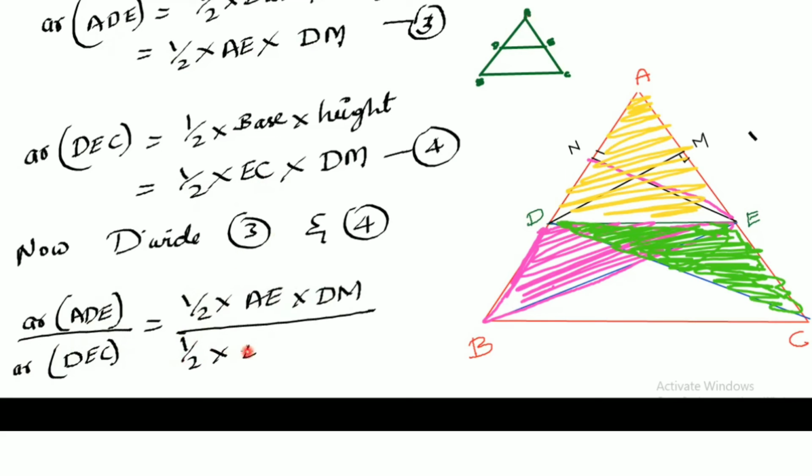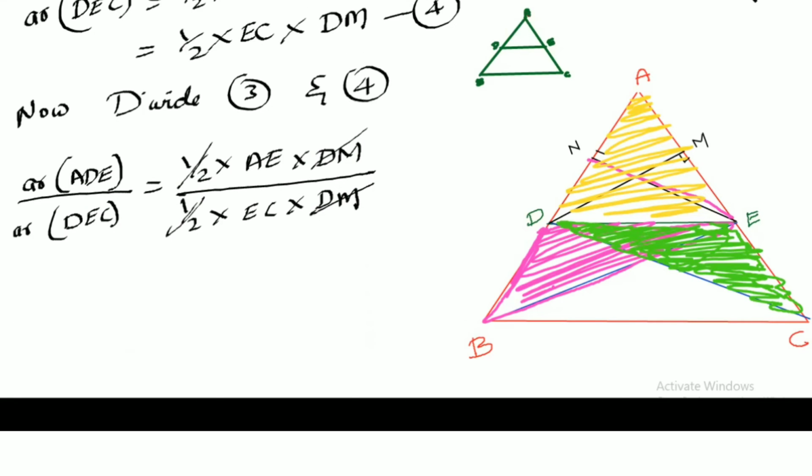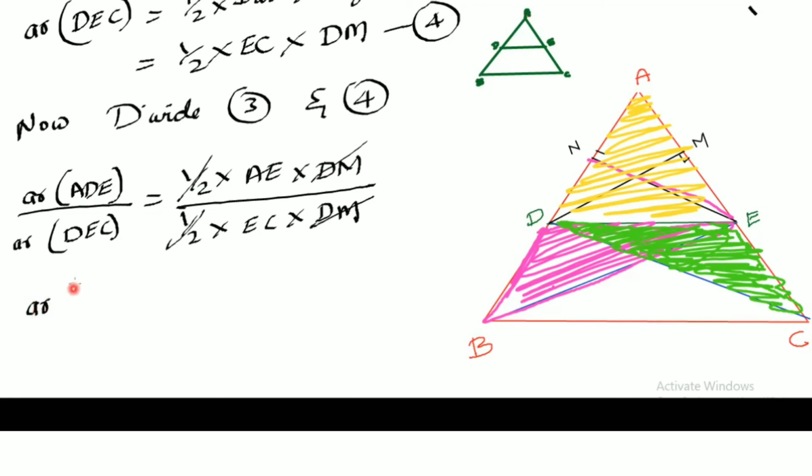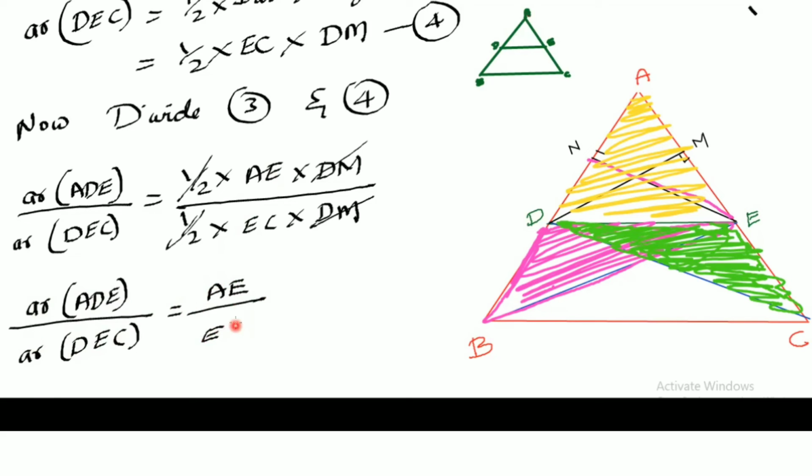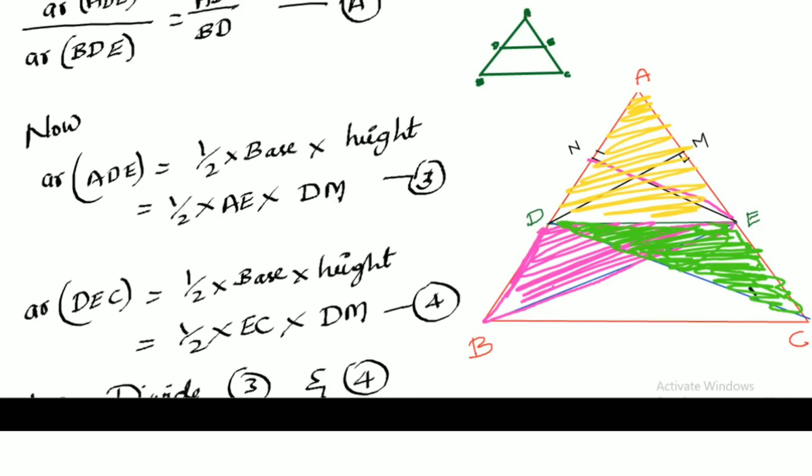So DM gets cancelled, half gets cancelled. Now we got area of ADE divided by area of DEC is equal to AE by EC. Let us call this equation B. So we have done this much till now.